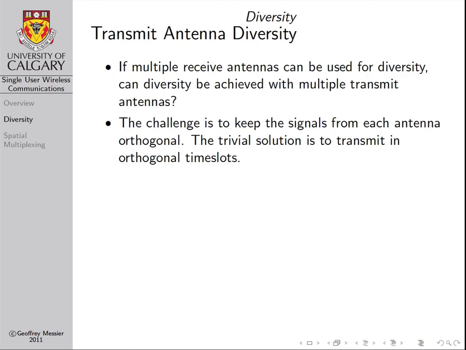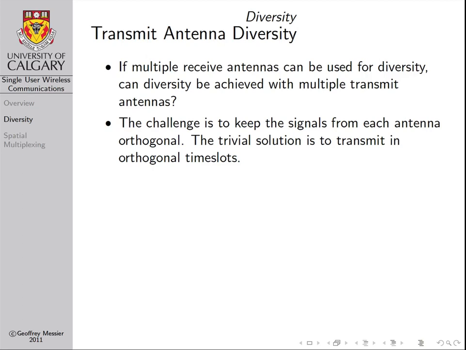So the big challenge with using, let's say, 2 transmit antennas is to keep the two paths from the transmit antennas orthogonal once they reach the receiver.